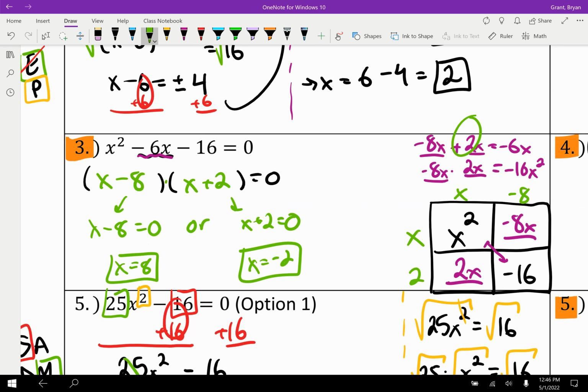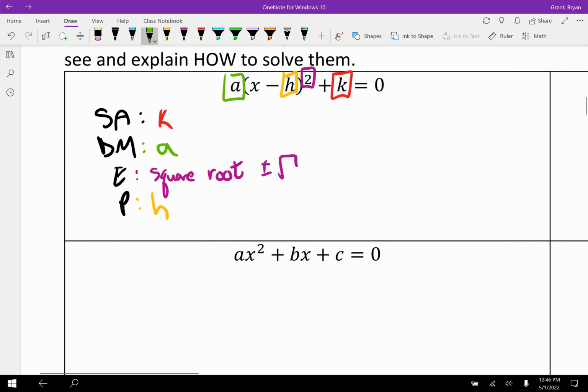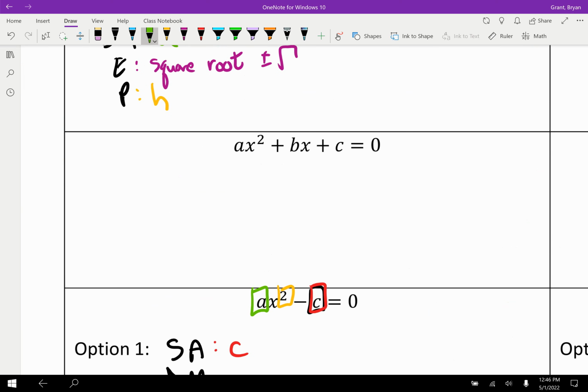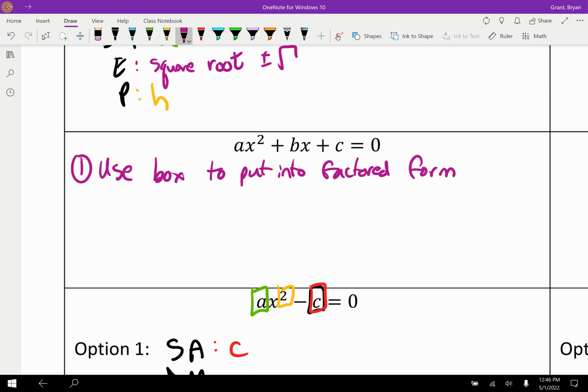And that's that. So if we look at problem 3 down below, ax squared plus bx plus c, there's a couple steps. My first step is use the box to put into factored form. And as a reminder, our factored form will be those two sets of parentheses equal to 0.